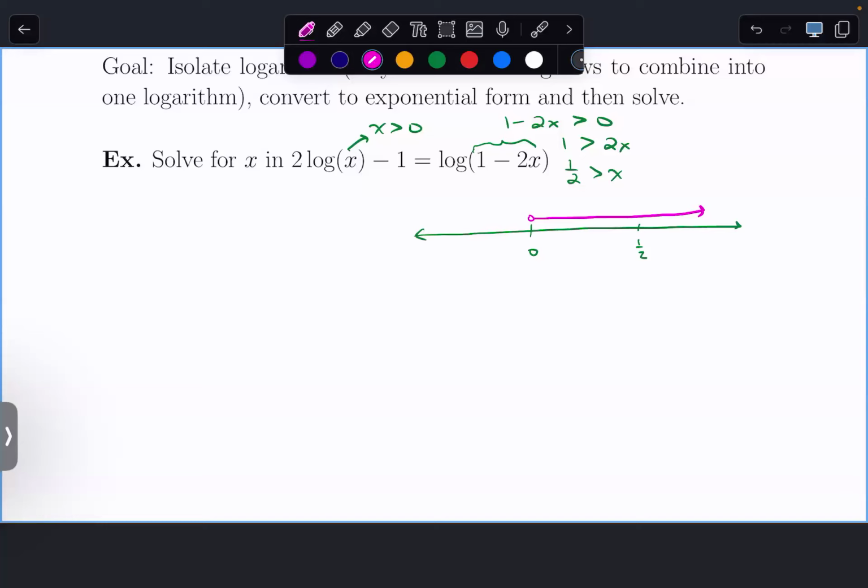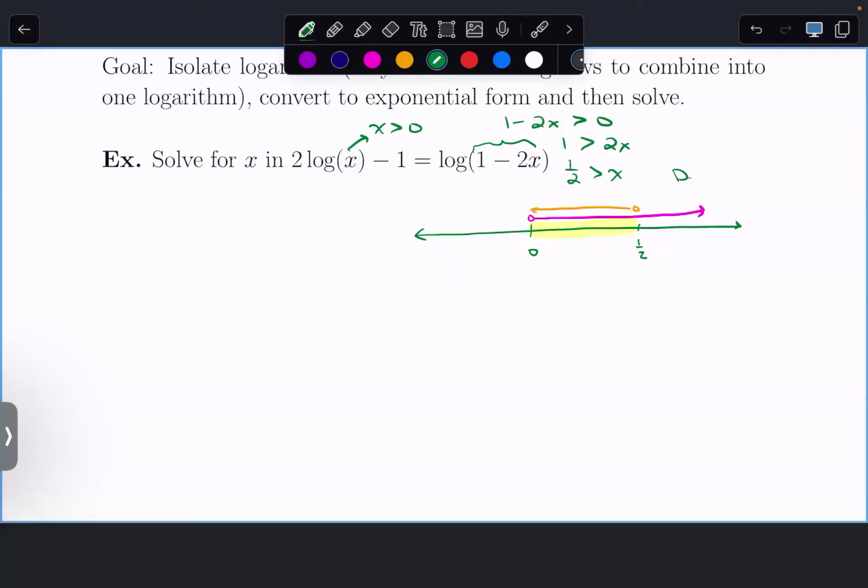But then x has to be less than 1/2, but not equal to 1/2. So then the only overlap is between 0 and 1/2, not inclusive of either side.